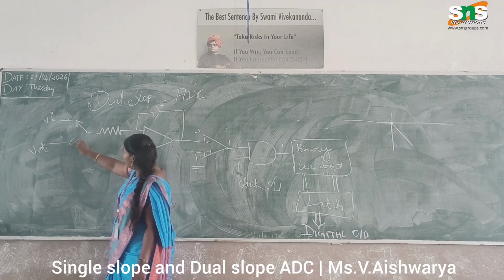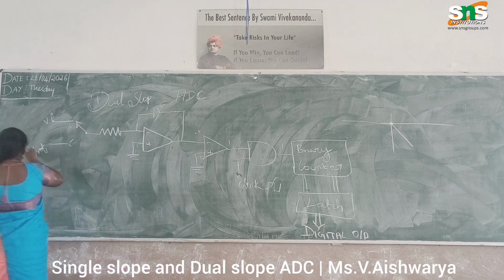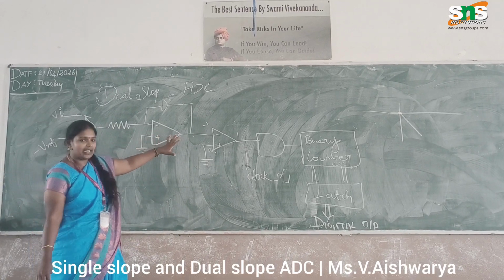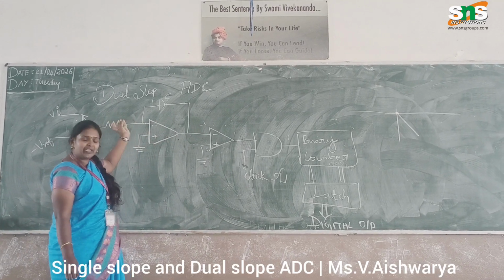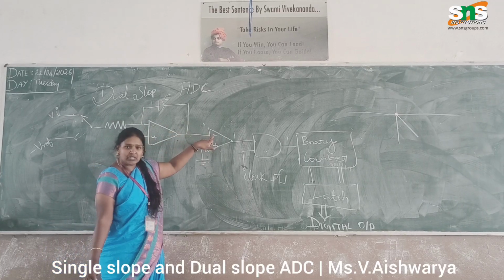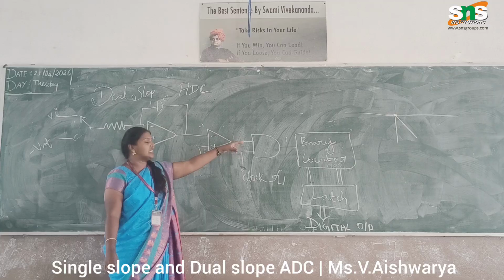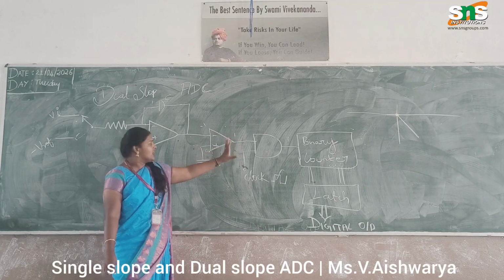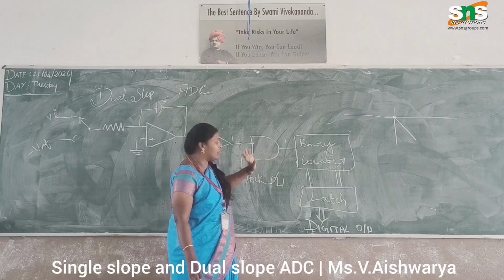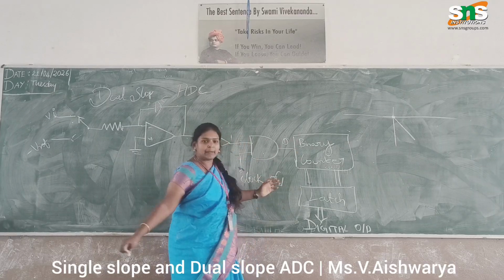When we switch to the V reference side, the minus V reference signal is applied to this integrator. Minus into minus becomes plus, so the plus signal is given to the inverting terminal. In this condition the comparator output goes to 0. So whatever clock pulse we apply, the AND gate output will be 0 here.